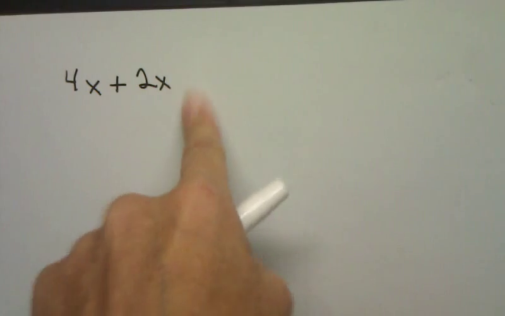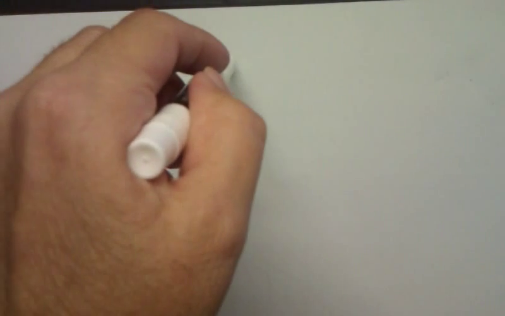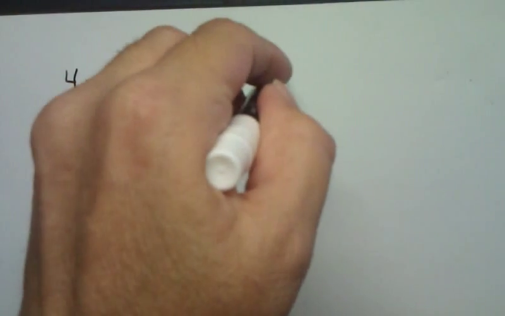State the reason. Are you ready? We have 4x plus 2x minus 6x equals 1.